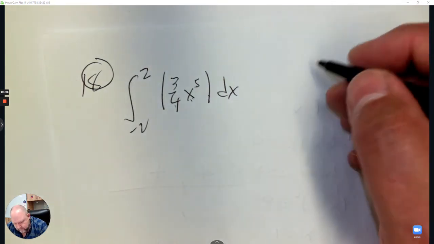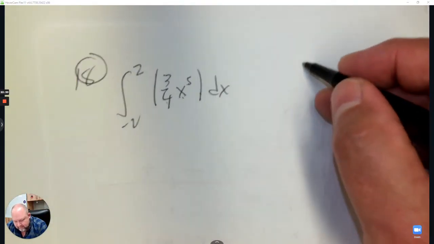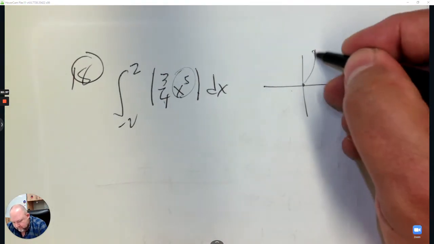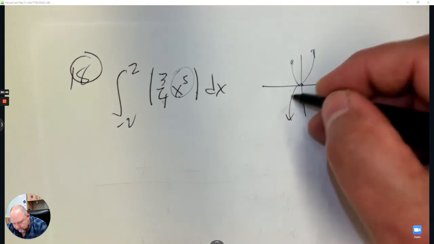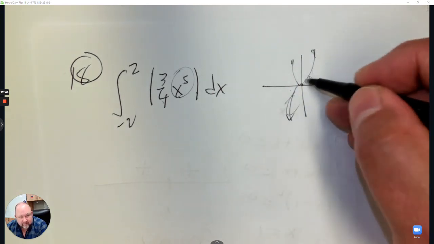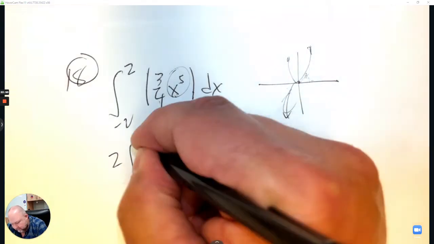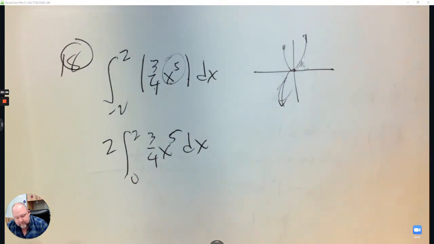With absolute value, who cares about the 3/4? If I just think of x to the 5th, this is what it looks like as a sketch. If I do absolute value, both go up. So if I integrate from 0 to 2 only, and then double the answer, that's exactly what I'm looking for. So I'm going to double the answer. I'm going to integrate from 0 to 2, and go from there.